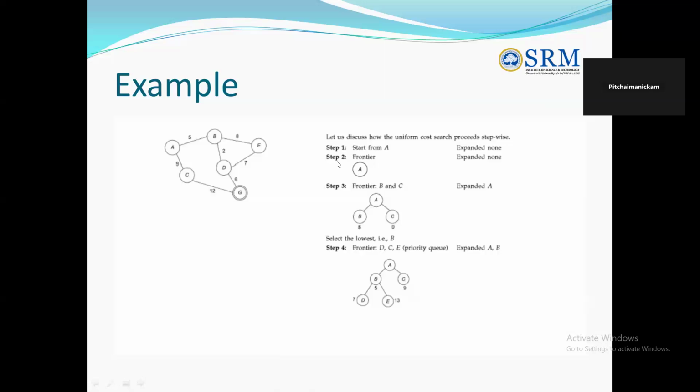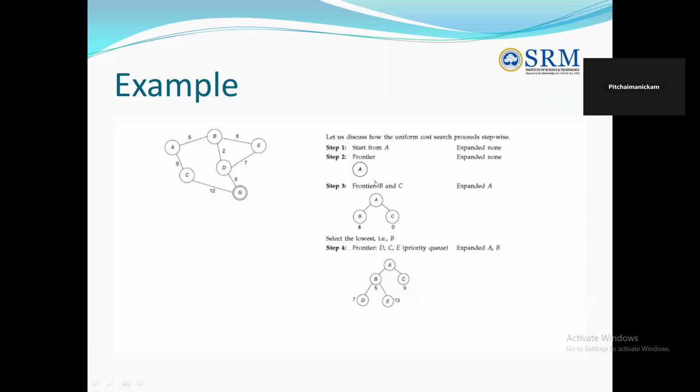Got my point? So you identify the node, and once identified, you are able to expand the node. Here you expand node A and you have two different nodes, B and C. The cost to traverse from node A to B is 5, and the uniform cost from A to C is 9.